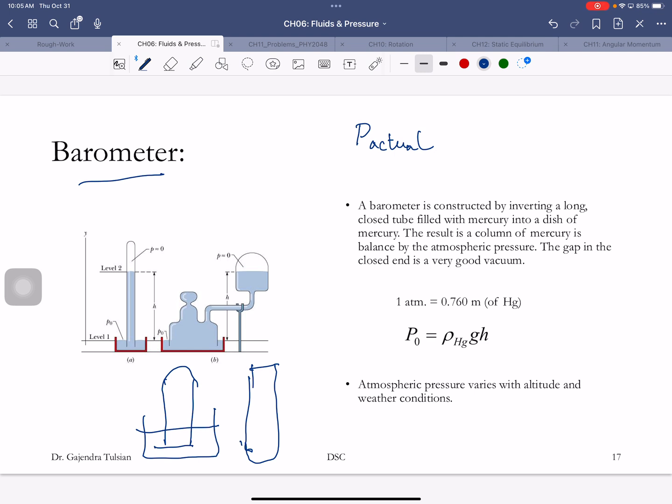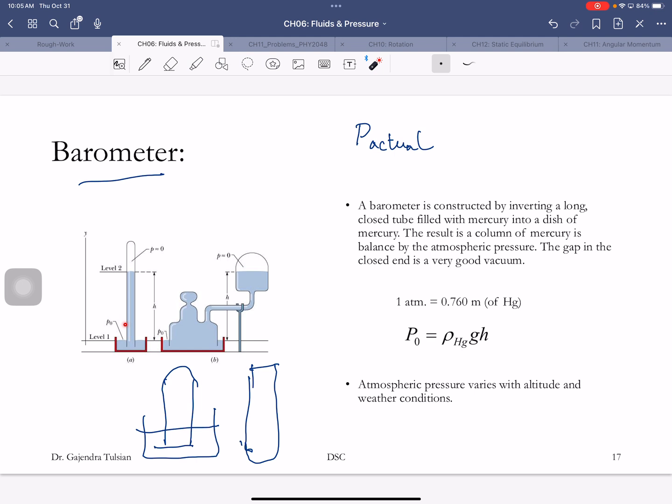So this is the column of mercury. This is 760 millimeters, that's 76 centimeters. And this is the most perfect vacuum you can have. This will be vacuum, so there's no air there. It's only this column of mercury.